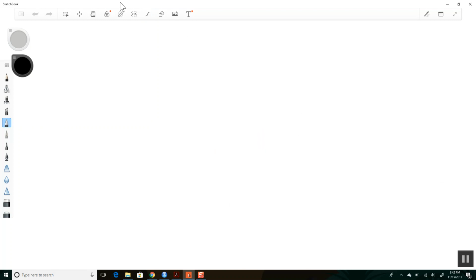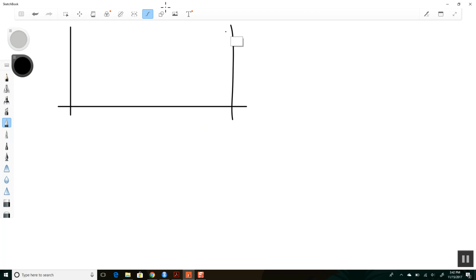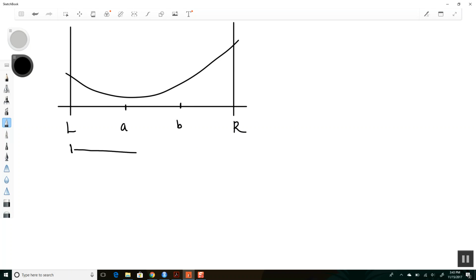All right, so how's this going to work? Let's say we've got some function like this, and I'll call the ends L and R, and we'll have A and B. This is 0.618, the golden ratio, of the distance from L to R, and the same is true here.